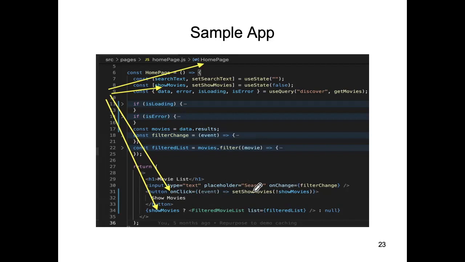That means when the user clicks the button the first time, it's going to change this state variable, which is initialized to false, to true. And we know that this component is going to re-render, but because this is now true, that means this component is now rendered, i.e. the list of movies is displayed.